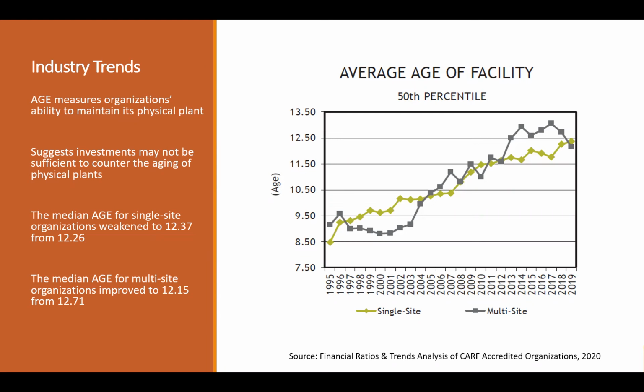And interestingly, in recent years, for multi-site, the average age of the physical plant has come down slightly. For single sites, it's gone up. So the average age goes up, obviously. It's an indicator of the age of the community.